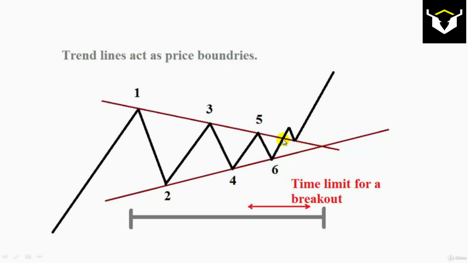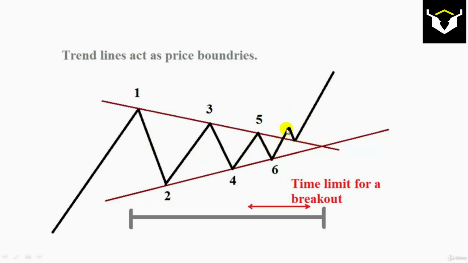But the breakout of price out of this congestion period must come somewhere between 65 to 75% of the width of the triangle. So for a triangle to be considered a valid pattern, prices must break out somewhere around 65 to 75% distance of the triangle.